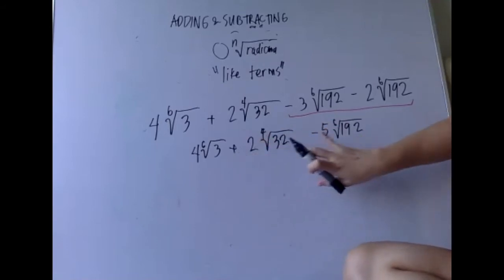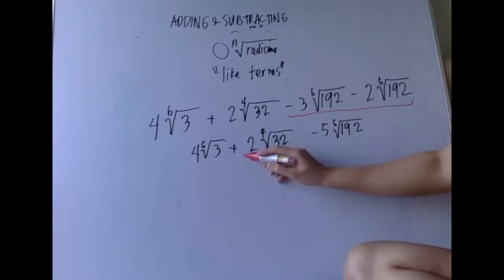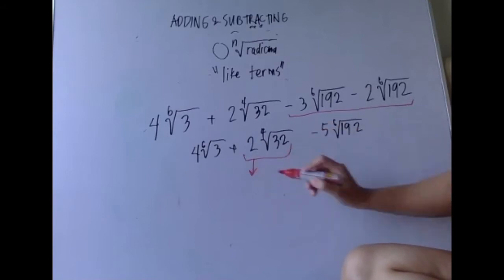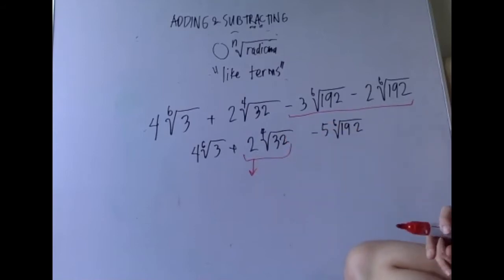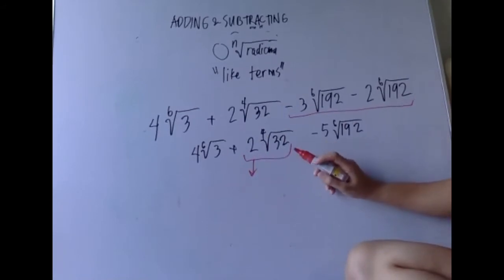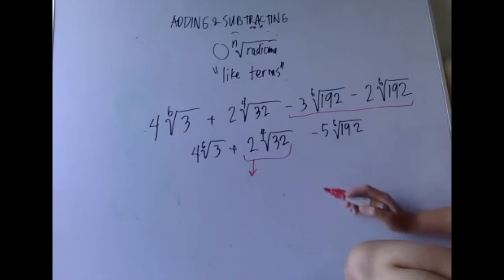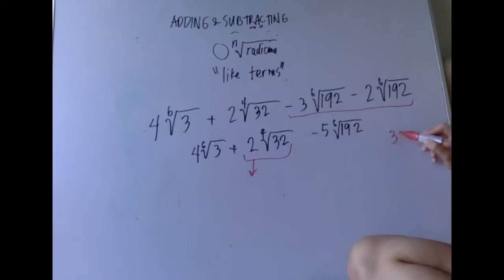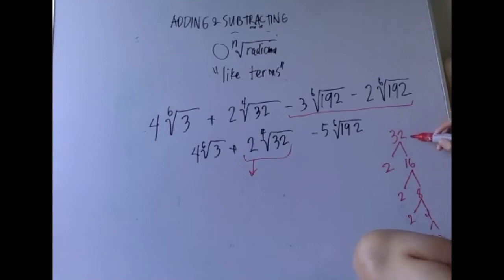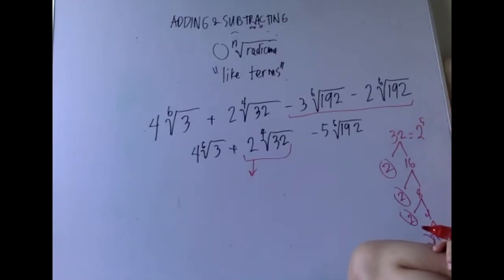Okay? Now, simplify natin to isa-isa. This one, we need to simplify this. Ano yung factors ng 32? If hindi nyo alam, you can use prime factorization. Kung mag-factor tree method ka dyan, you will have 32, 2 and 16, 2 and 8, 2 and 4, 2 and 2. So 32 is equal to 2 raised to 5.